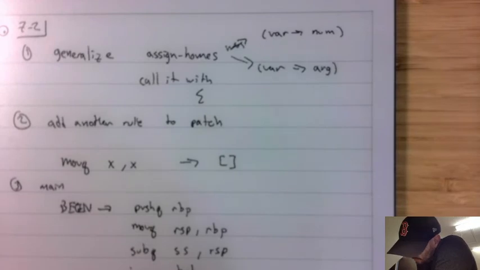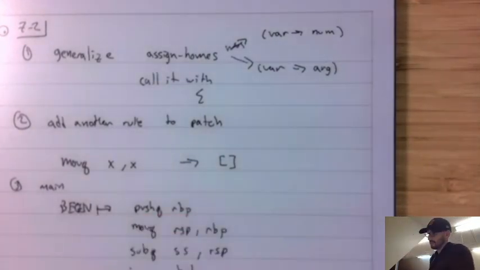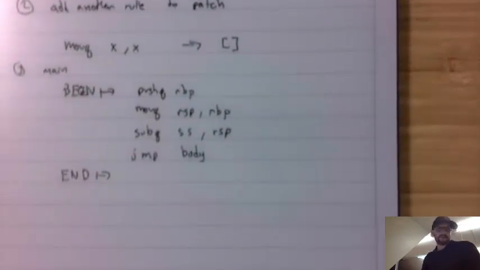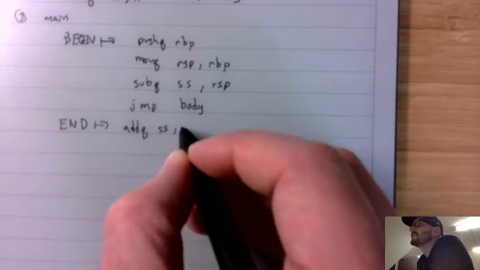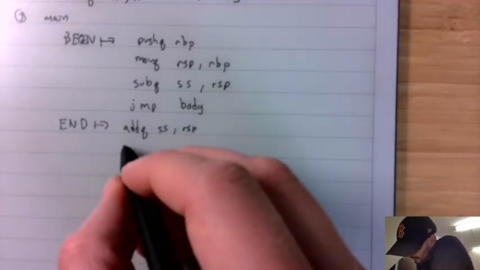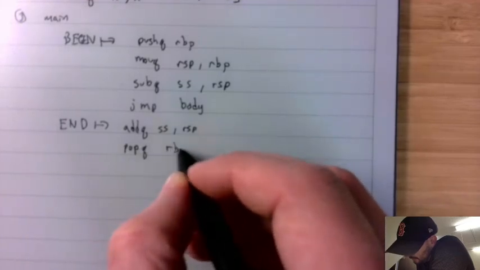And then what end would do is it would do an addq of SS to RSP, and then it would popq the RBP. Okay, so that was what our main thing used to do.